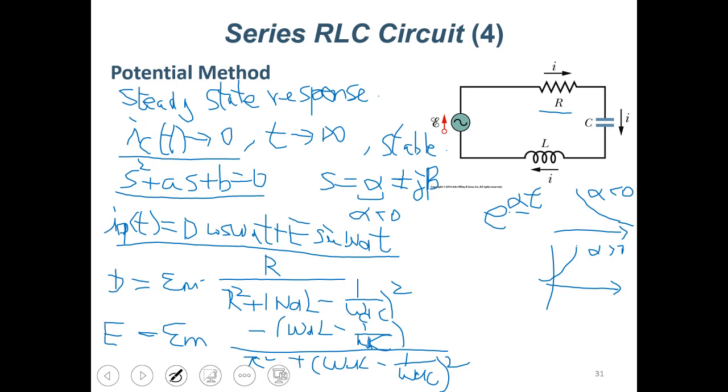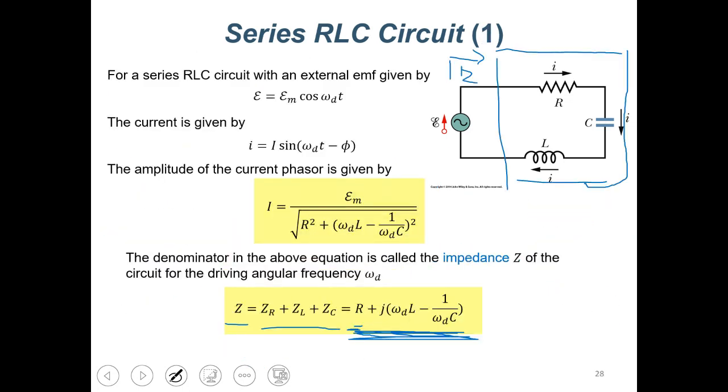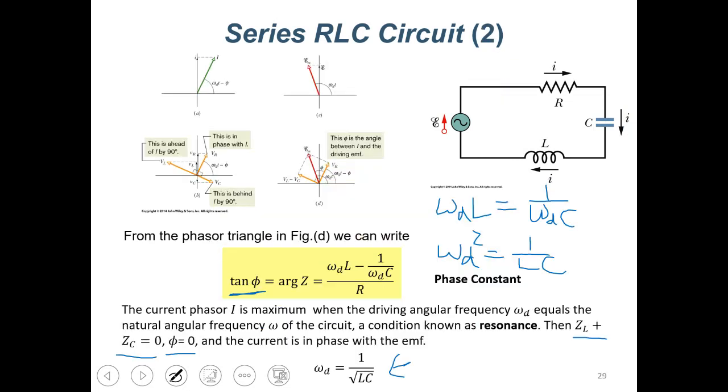And then finally you use the trigonometry formula. You can know that i will be something like this, and phi is something like this.